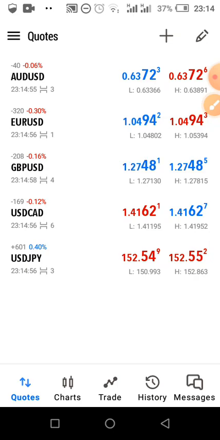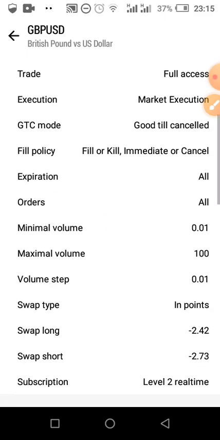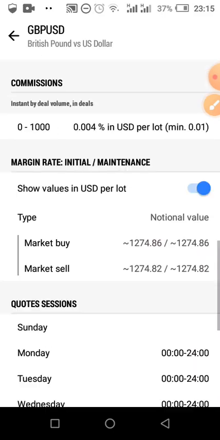Now, when trading on margin, if you are using leverage, the amount of money that you are required to have in your account so you can open a position is called initial margin requirement. So now I'm just going to go to properties so you can see them on MetaTrader.